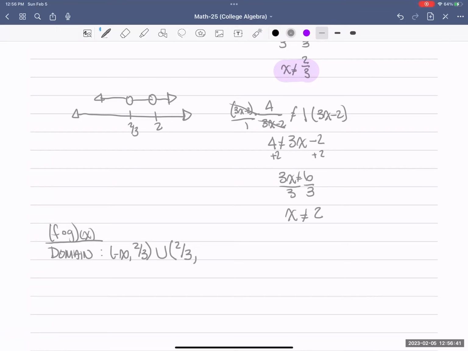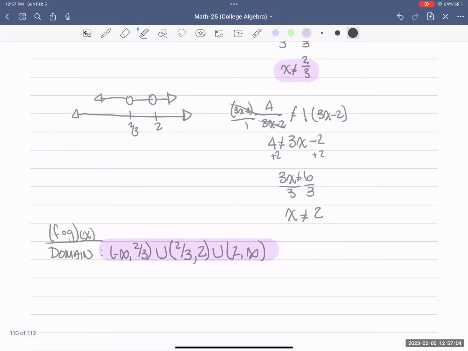Now we're looking at this chunk, starting at 2/3 and going all the way up to 2, right before 2. And our last chunk is going to be union 2 up to infinity. So this here is our domain for x.